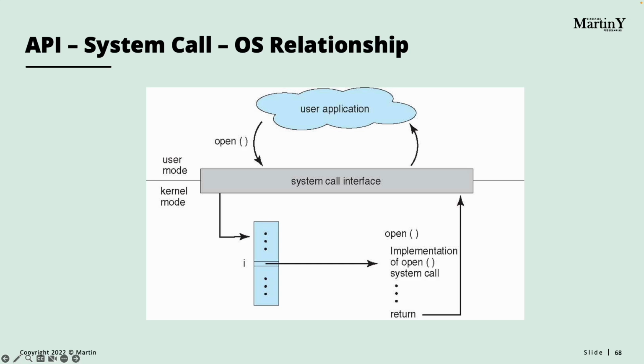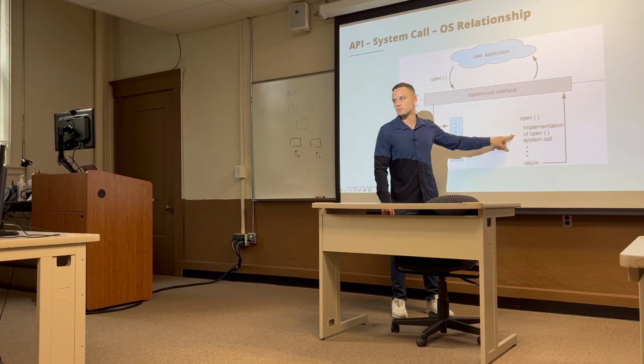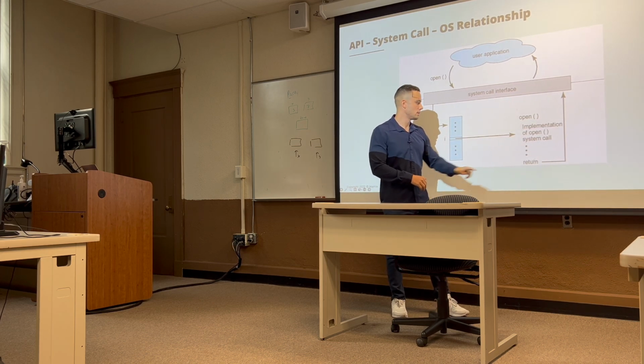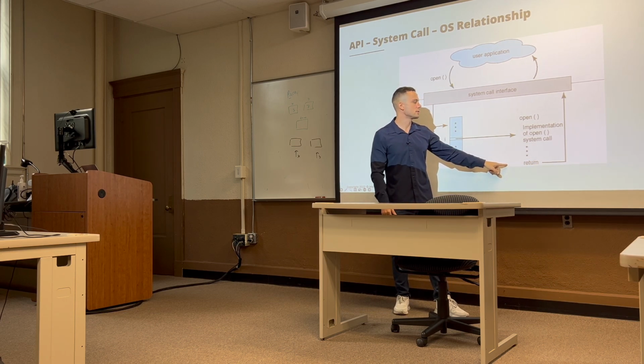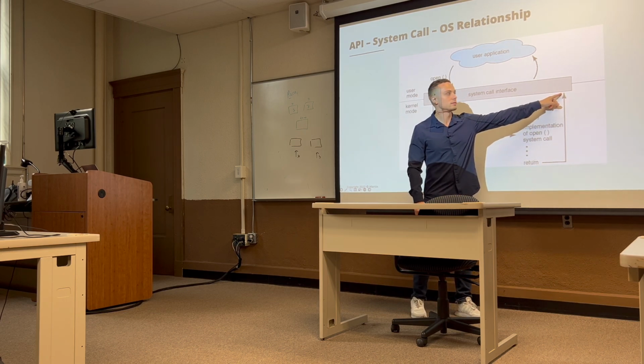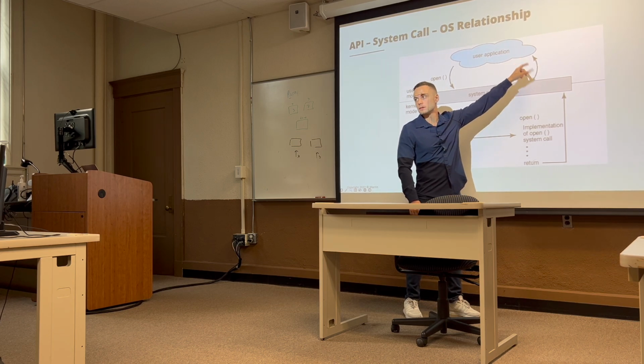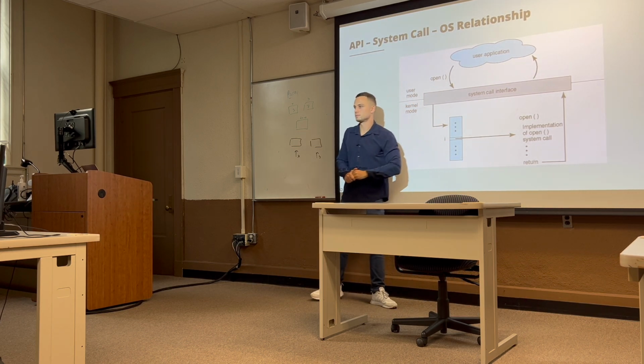So once we run the function, we go to this table and we see this is the address of the open function. Then we point to the specific address, and here is where the open function is. So we execute the system call, and once the system call returns something, we return it back to the interface, and our application from there can then get the output of that function.